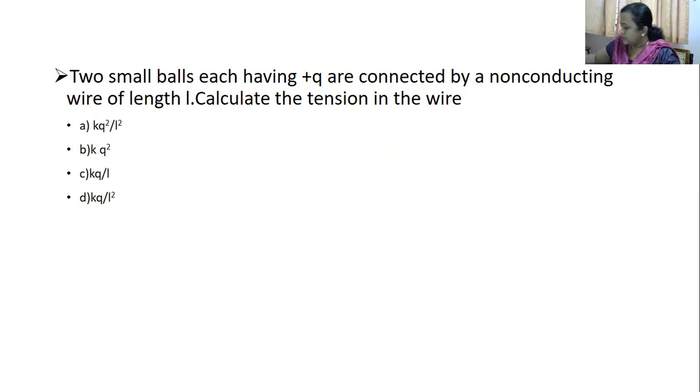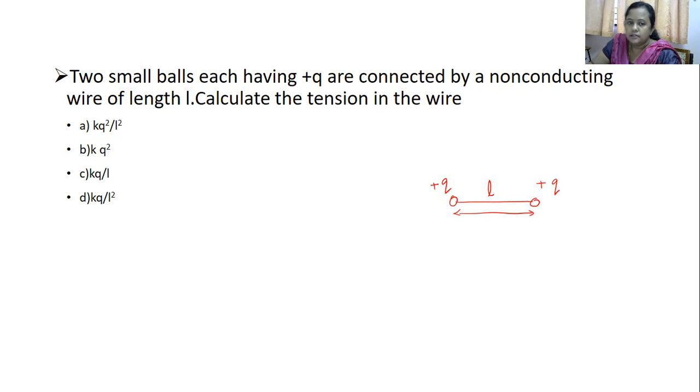It is given that the two small balls, each having charge plus Q, are connected by a non-conducting wire of length L. This is the length of the wire that connects the two balls. Calculate the tension in the wire.